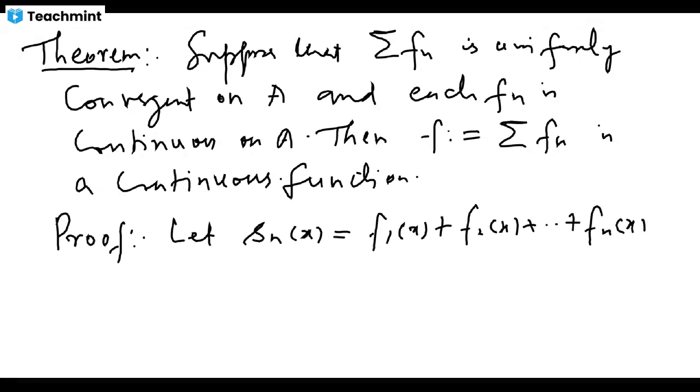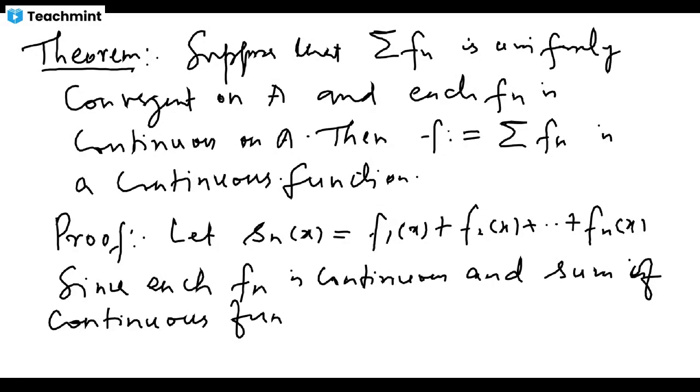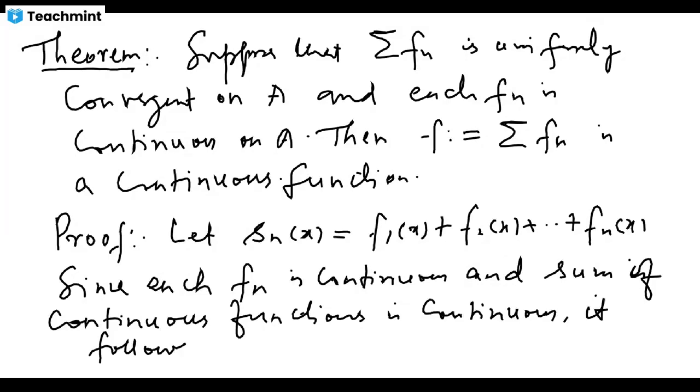Now, since each f_n is a continuous function, and we also know that a sum of continuous functions is continuous. This is a finite sum, not an infinite sum. So it follows that S_n is also continuous.